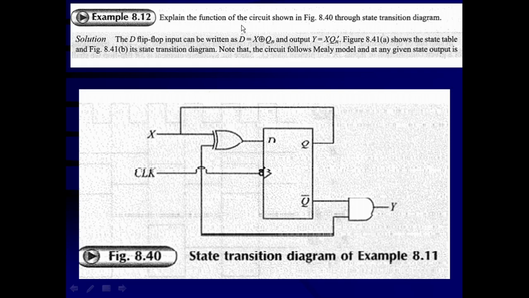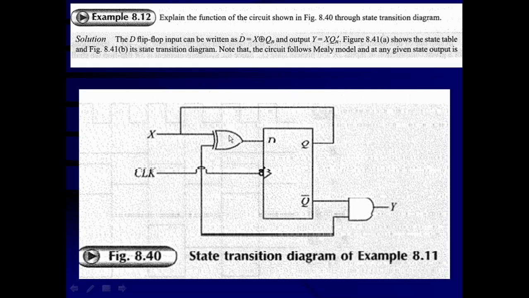Explain the function of the circuit shown in figure 8.40 through the state transition diagram. The D flip-flop input can be written as D, which is the output of the exclusive OR gate with two inputs, X and Qn. So one of the inputs is X and another input is the present output Qn.